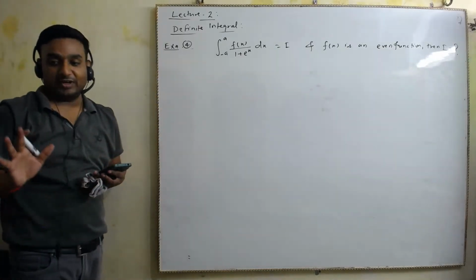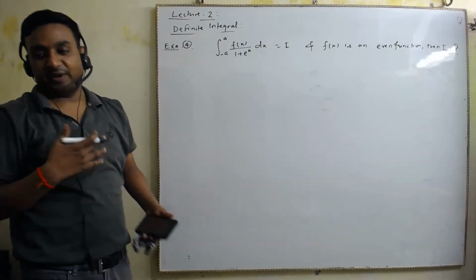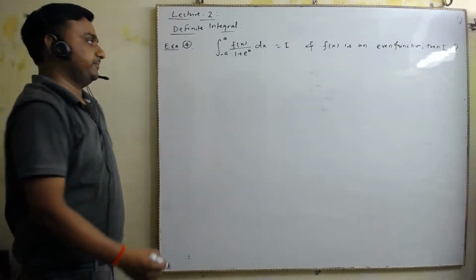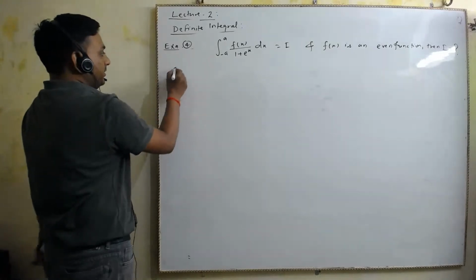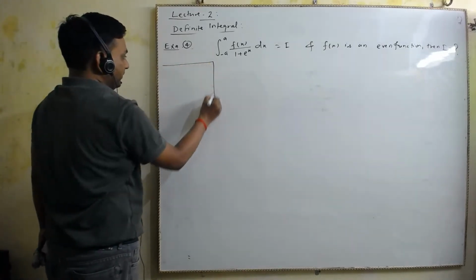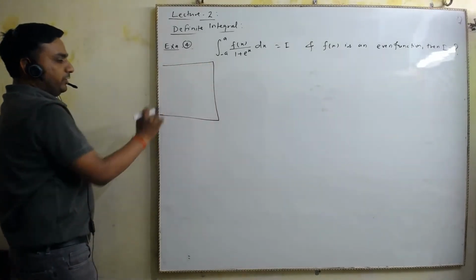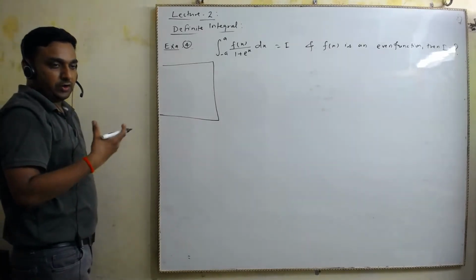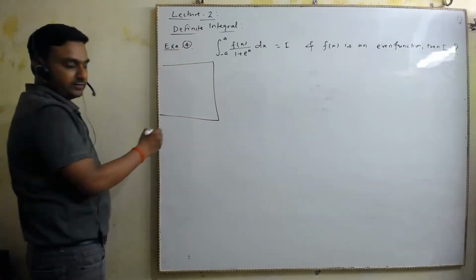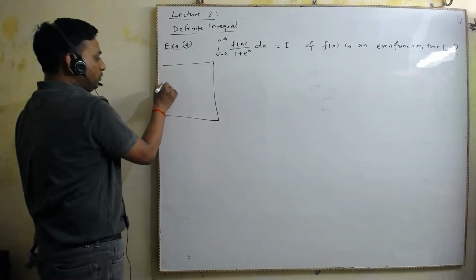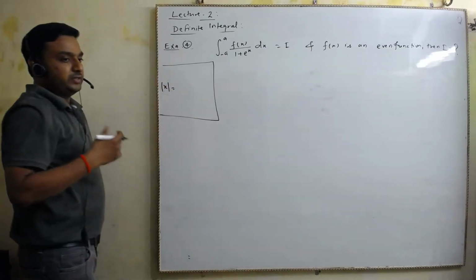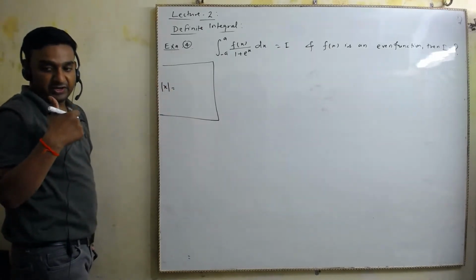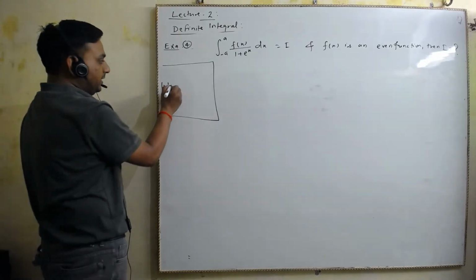Shibu has asked one question, so it's my prime duty to explain that. Shibu, when you talk about modulus of f of x, suppose that you have the modulus function. This we have already discussed in the differential calculus, but again I am discussing here.